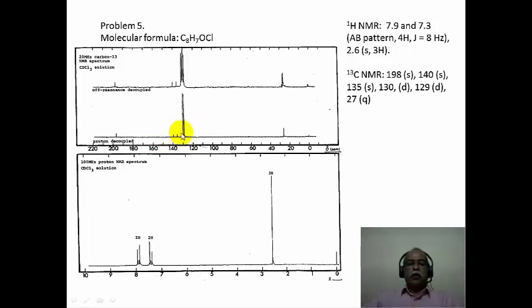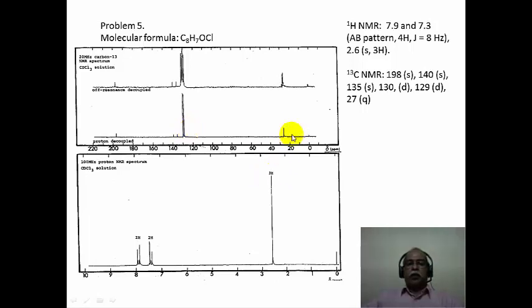You can see here the 2 small signals which remain as singlet in the off-resonance also correspond to the ipso carbons where the substituents are present. Then 2 other signals are there. It is not very well resolved in the spectrum. The almost overlapping signal is what is seen, and each of them appears to be a doublet in the off-resonance spectrum. So there are 2 CH carbons and 2 quaternary carbons in the aromatic ring corresponding to a para-disubstituted skeleton.